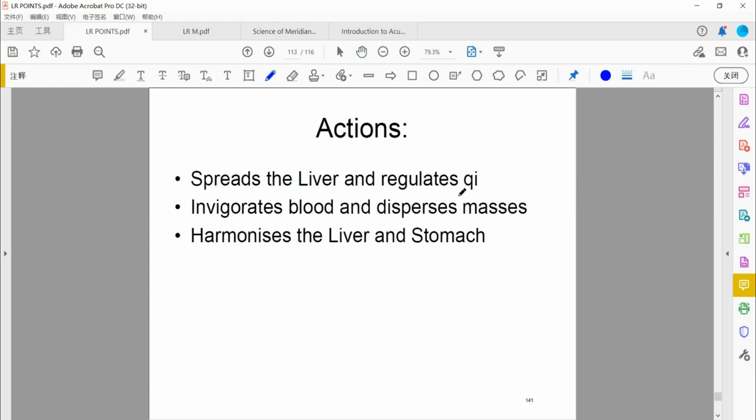Spreads the liver and regulates qi, invigorates blood and disperses masses, harmonizes the liver and stomach. This one harmonizes the liver and stomach, whereas Liver 13 harmonizes liver and spleen.